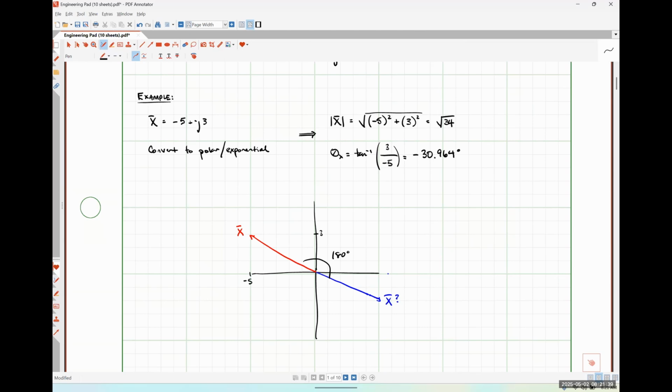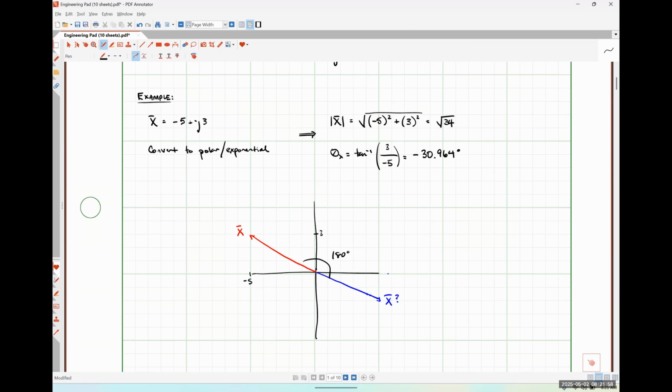And if you press then second pi, that brings you into the complex menu, and option 4 converts from a rectangular form complex number into a polar form complex number.